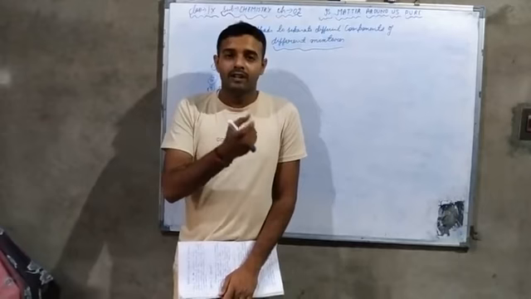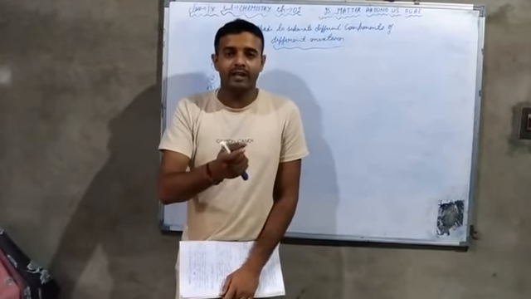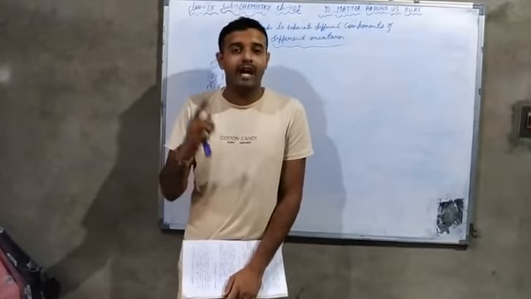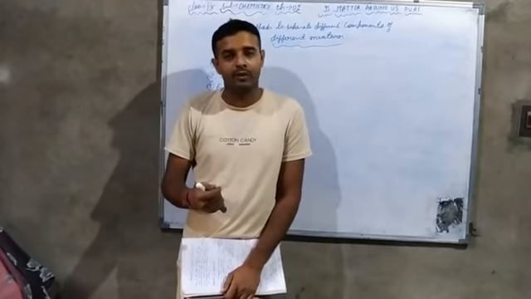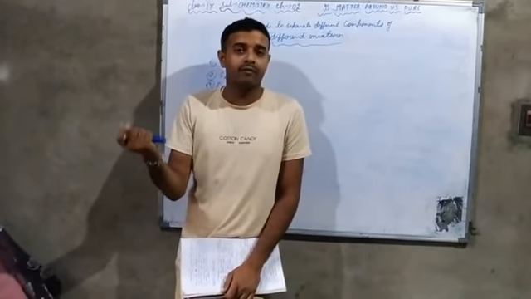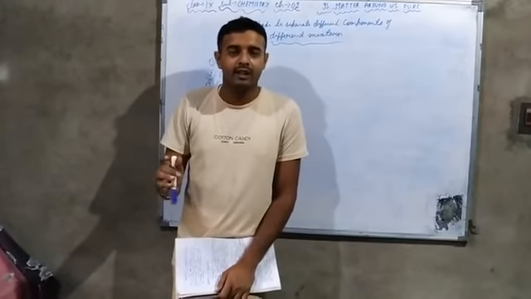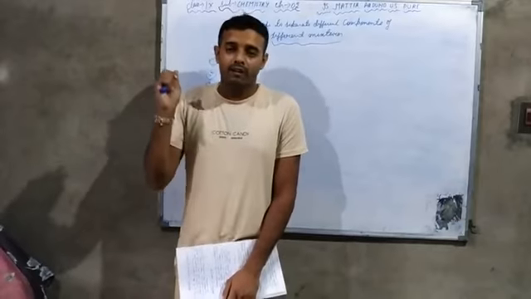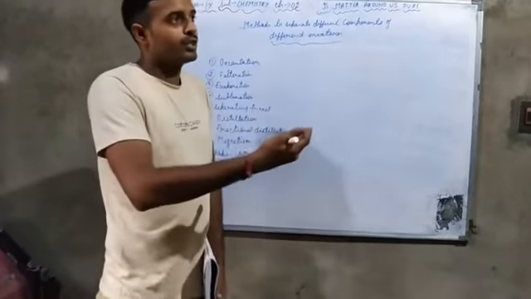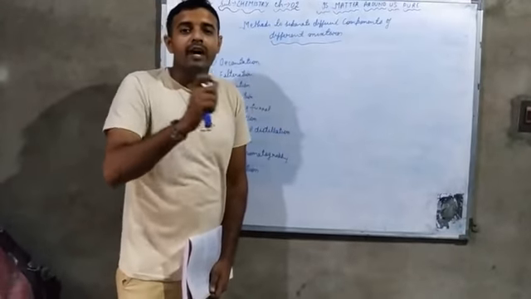Because sublimation is a method through which the sublimate directly changes into gaseous state without changing into liquid state. But we know that salt does not change directly into gaseous state. First it will change into liquid state and then into gaseous state. So first we will see the different methods and then we will see some questions on how we will separate the components one by one.